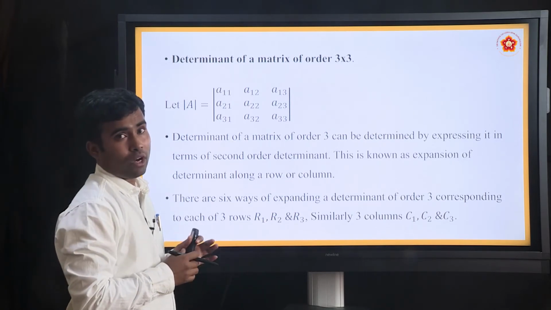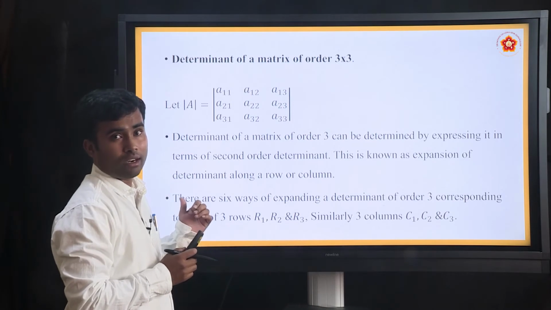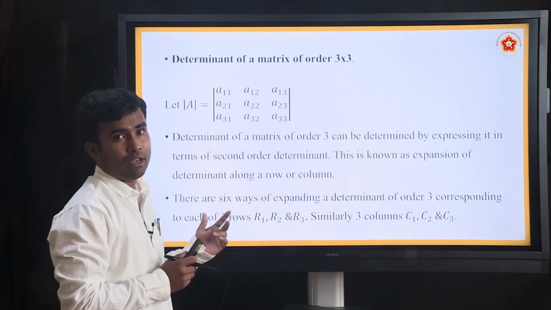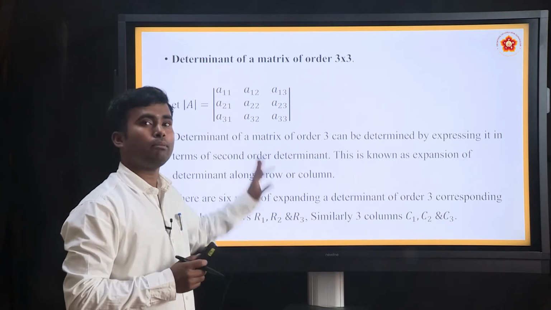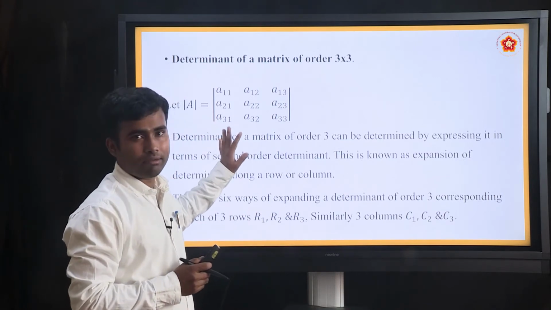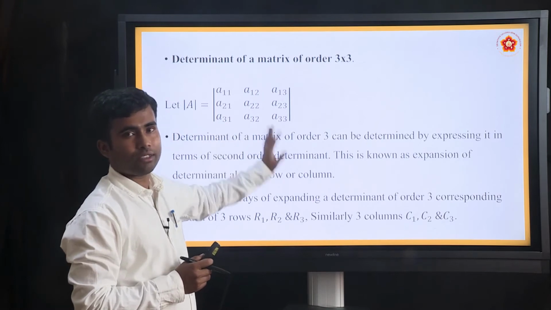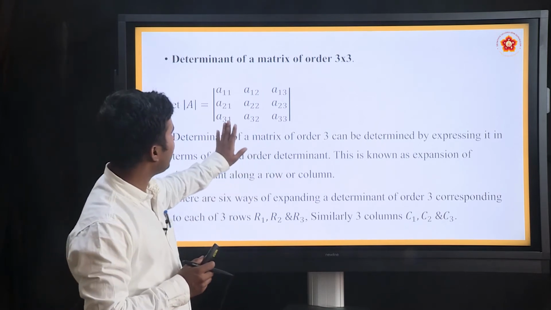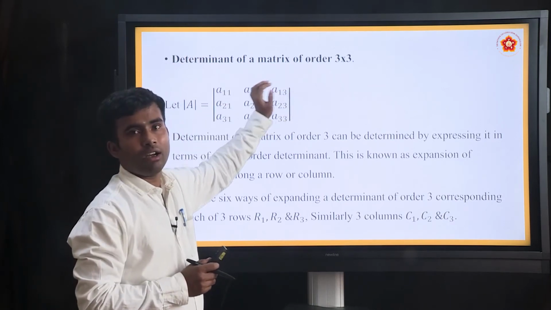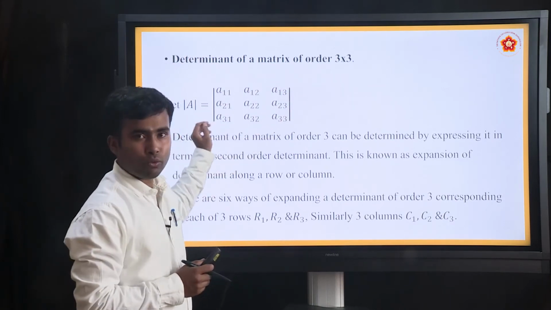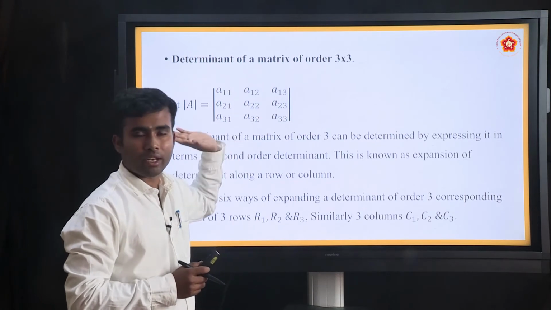Earlier, the determinant of order 2 was expanded in only one way, the product of diagonal minus the product of non-diagonal. Whereas for a determinant of order 3, we can expand in 6 ways. We can expand along R1, along R2, along R3, and similarly for columns.